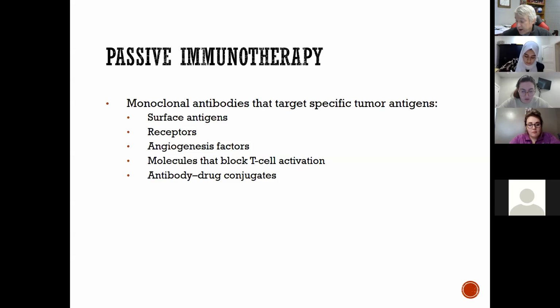But rituximab is a monoclonal antibody directed against the CD20 antigen on B cells. It's used to treat B cell neoplasia. So if you have an overproduction of B cells, or the wrong B cell, this antibody goes in, attaches to the B cell, and elicits phagocytosis and the destruction of that B cell.